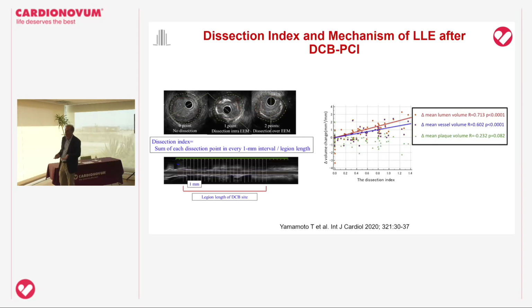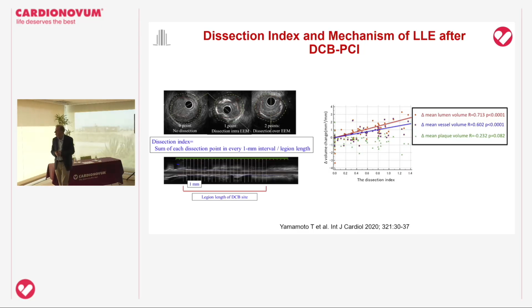The dissection index, which can only be demonstrated by IVUS, is relevant, and this is a paper from Yamamoto defining the dissection index, which is the sum of each dissection point every 1 millimeter divided by the lesion length. There was an association between the dissection index and the percentage of volume change.